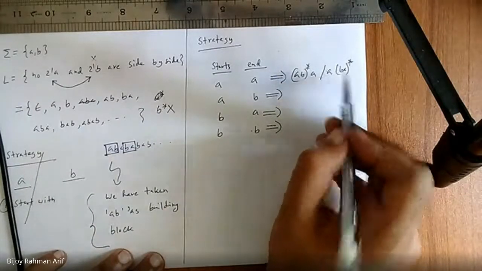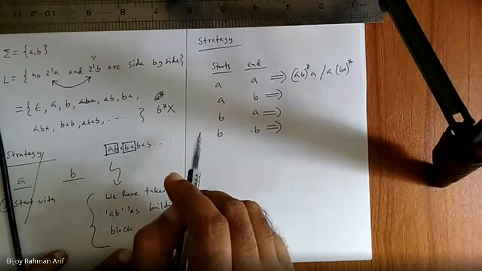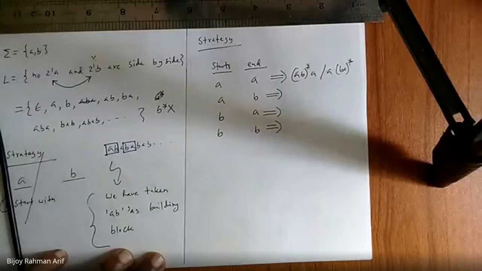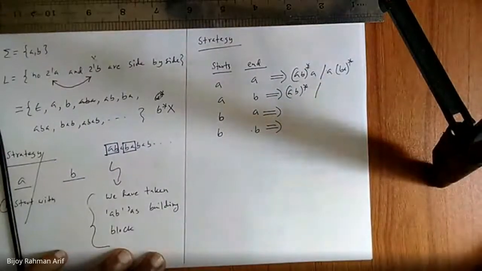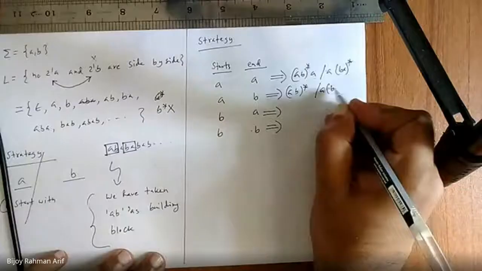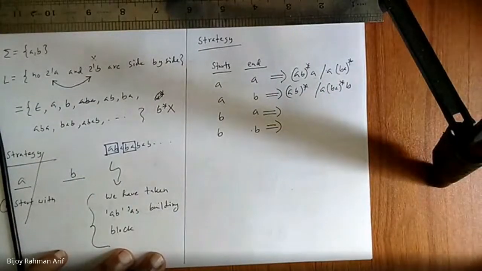Same way, now starts with A, ends with B. How can I write this? Sir, just AB star B. Fantastic. If I write it with BA, how can it be written? Sir, ABA star B, right? Very nice.